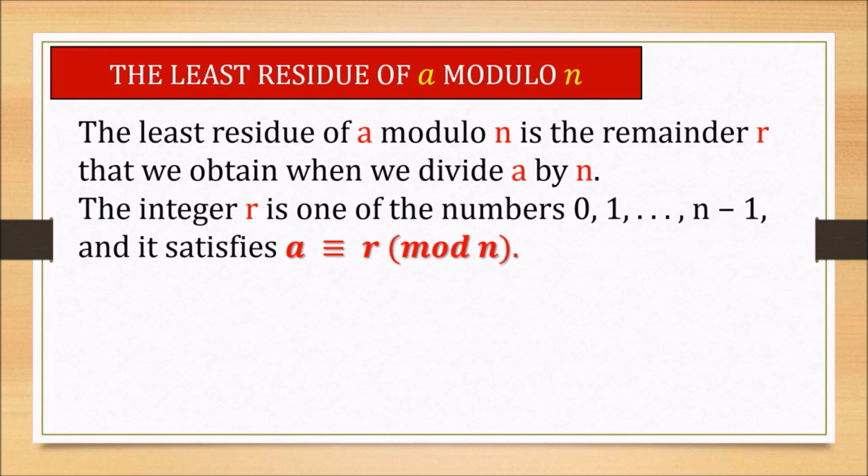So here you should keep in mind that when we divide a by n, the remainder should be positive, starting from 0 to n minus 1.